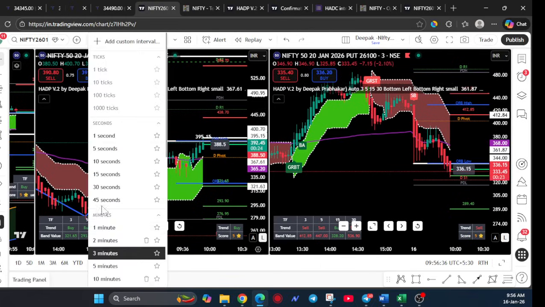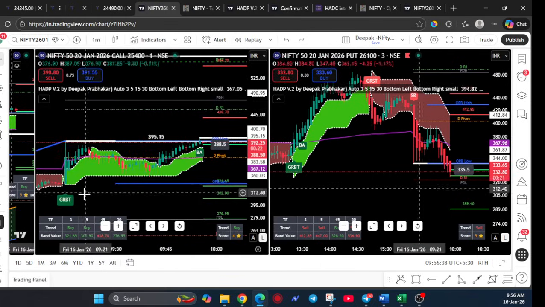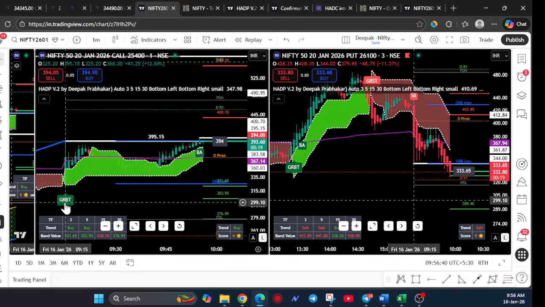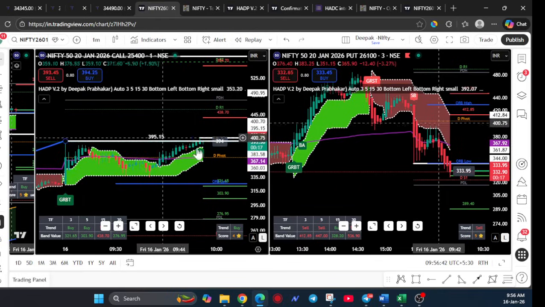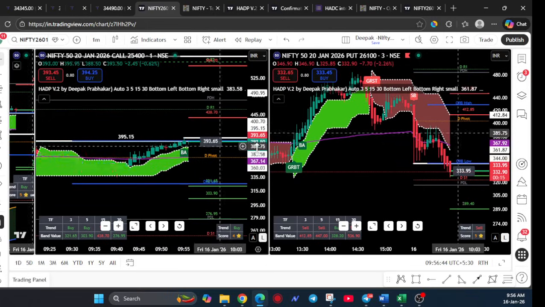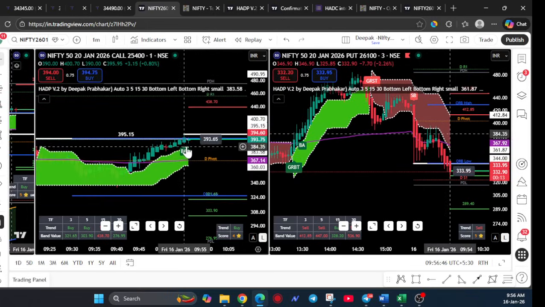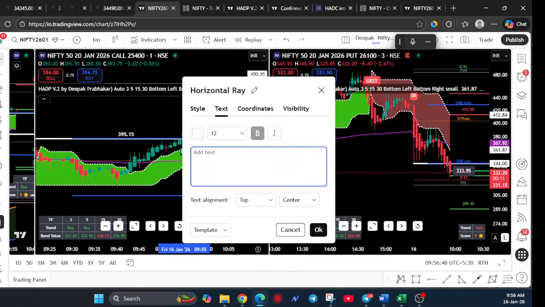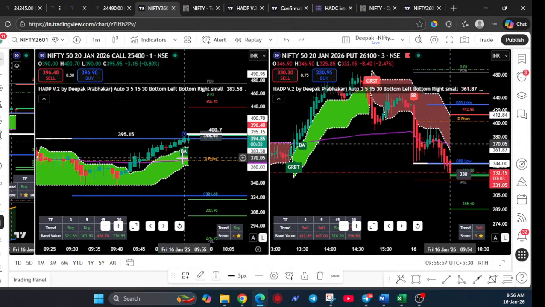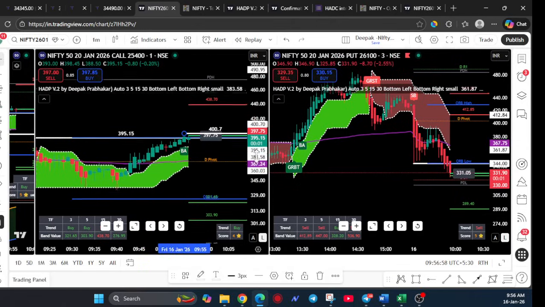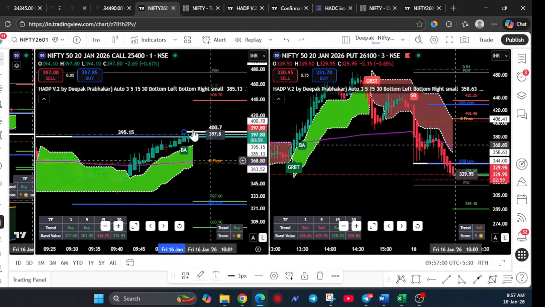So a better thing in the morning today, we have got a GRST at 9:15 candle at 319.15. The BA has got printed at 400.7. So if it crosses this, we hope that it moves towards 438.